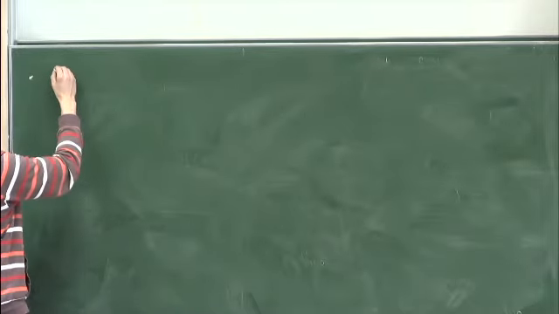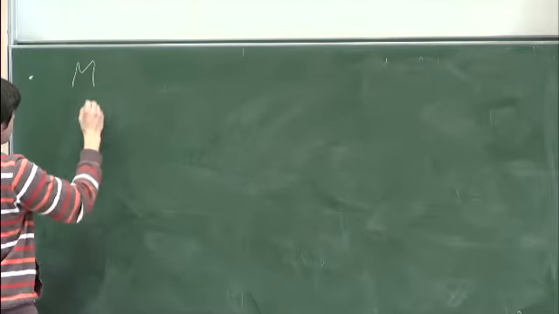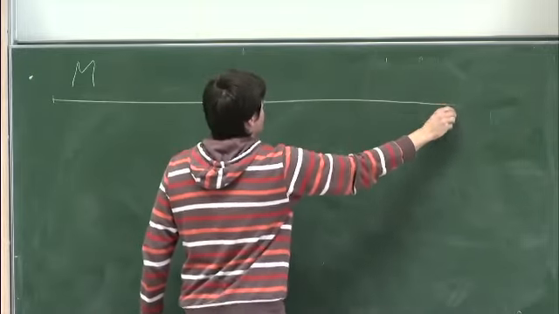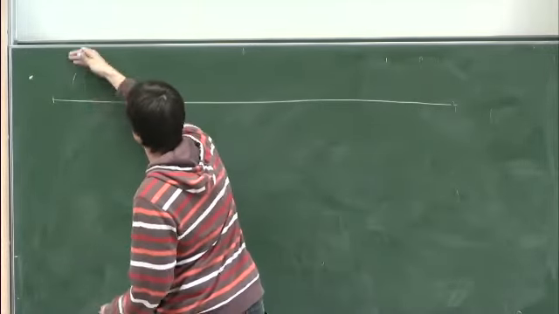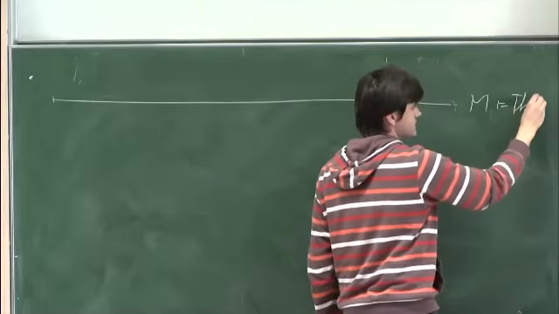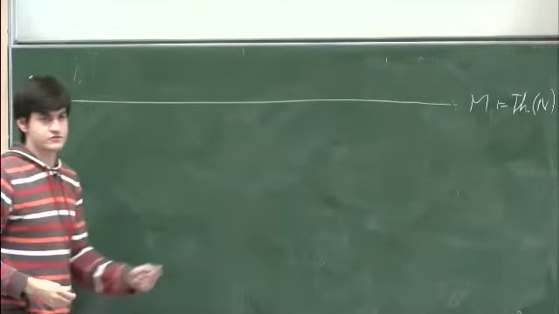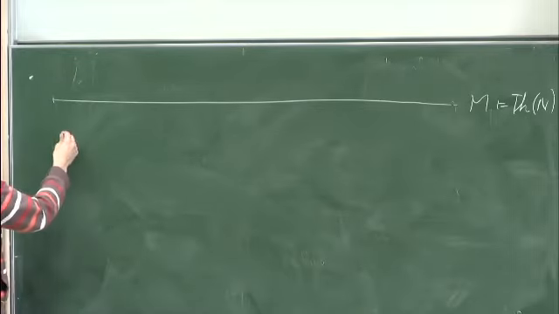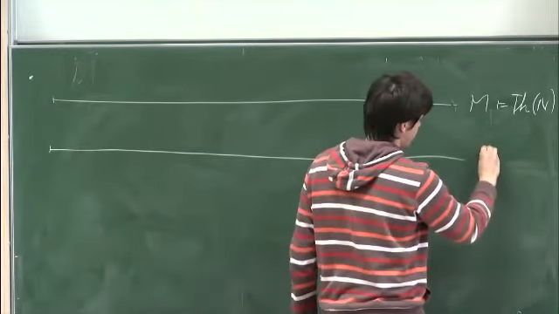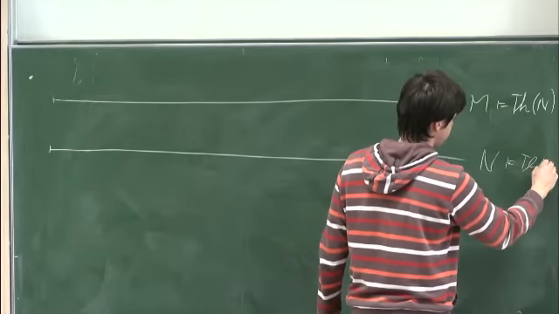And the setting is this: we have models M, which is a model of true arithmetic, all the statements true about natural numbers, and another model N, which is also a model of true arithmetic.